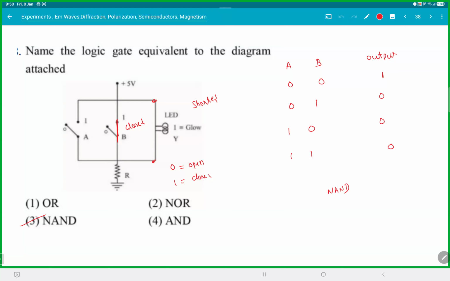Even if 1 is on, it doesn't work. NAND, right? Wait, I'm confusing myself, I guess. If it is an AND, there would be 0, 0, 0, 1. Opposite would have been 1, 1. Yeah, sorry. OR gate would have been 0, 1, 1, 1. Sorry, this is an OR gate.